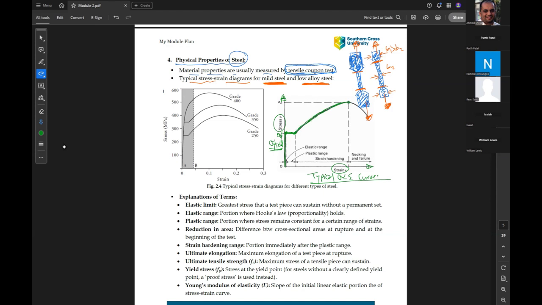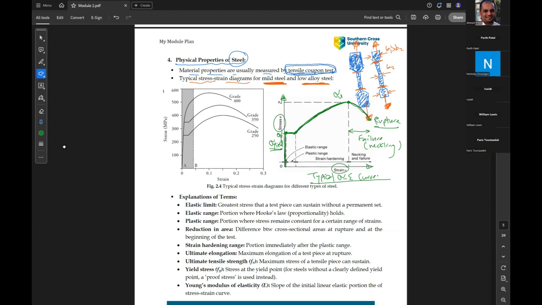The peak is called ultimate stress, or sigma U. This is the maximum stress that can be obtained by steel. Then after that, we have the failure or necking of the steel, so the stress starts to drop until failure or rupture at this point.